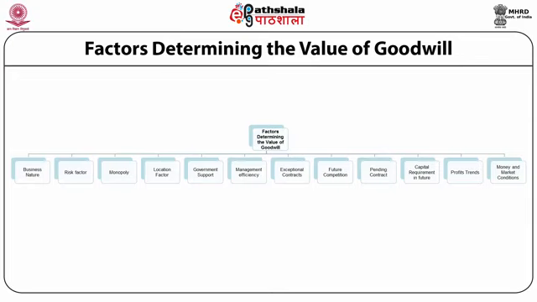Goodwill is affected by a number of factors such as business nature, risk factor, monopoly, location factor, government support, management efficiency, exceptional contracts, future competition, pending contract, capital requirement in future, profit trends, money and market conditions. These are the factors which affect the value of goodwill, and these should be considered in the evaluation of goodwill.